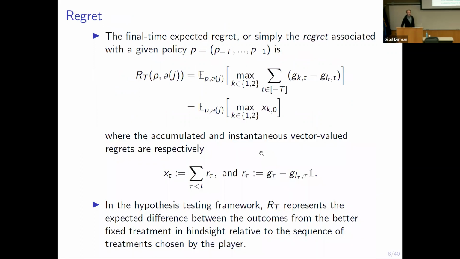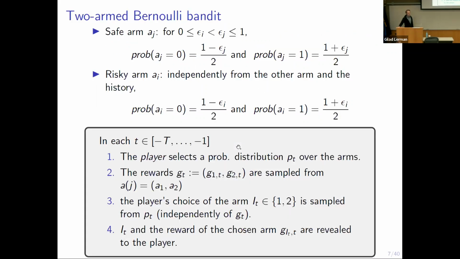You say that J is not known. So what is J in the bandit? Just so I understand the motivation. Oh, J is just the arm that has higher mean. So the arm that you would like to play all the time, right? You have two arms and you're just trying to decide which one is better. I mean, it's optimistic to say higher rewards, maybe just the one that inflicts smaller losses on you.